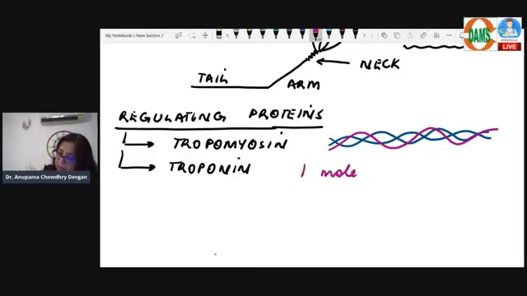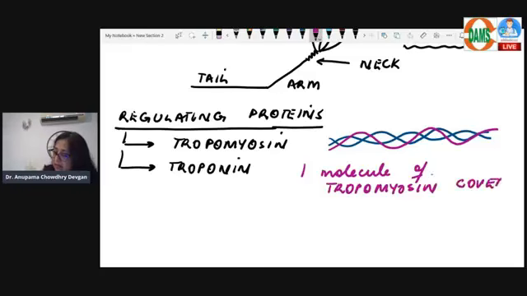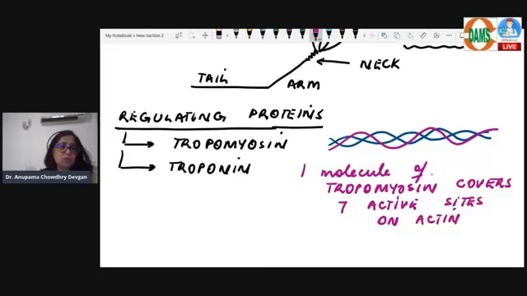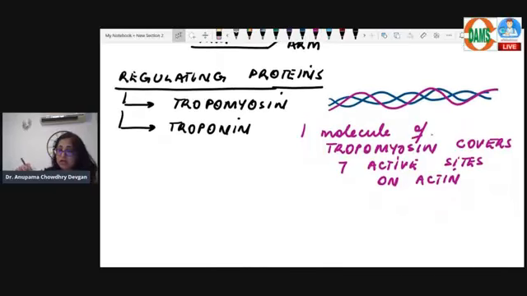Remember, one molecule of tropomyosin covers 7 active sites on actin. So you have two strands of actin, and tropomyosin, which covers 7 active sites on actin.